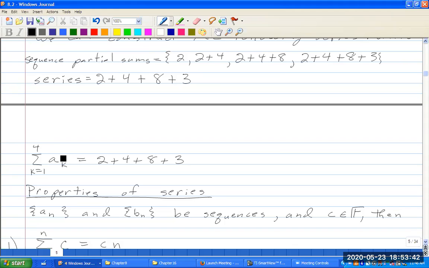So let me give you some properties of series. Let a sub n and b sub n be sequences, and let c be a member of some field, usually say the real numbers. Each of the members are in the same field, let's say.